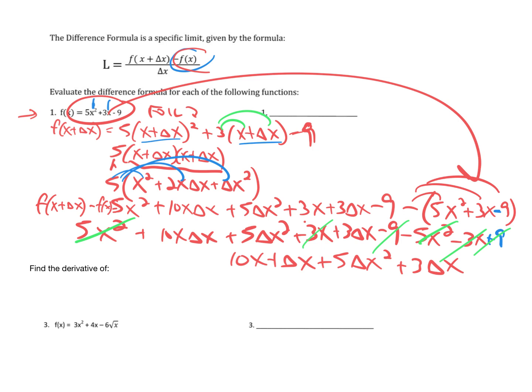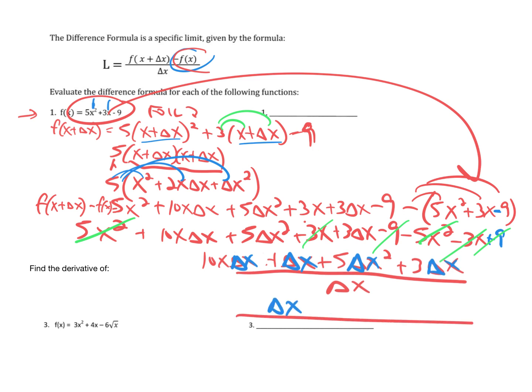And then what I'm going to do is divide that by delta x. What you want to do is factor out these delta x's up top. So I'm going to have delta x factored out up top. So that's going to leave me with 10x plus 5 delta x plus 3 all over delta x.